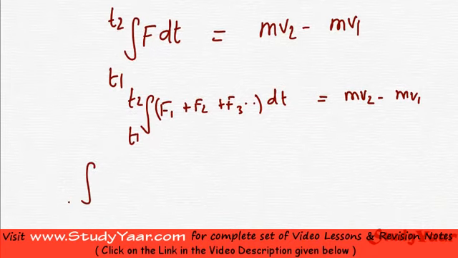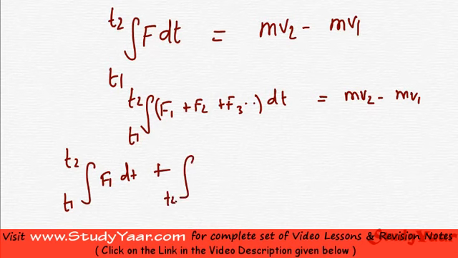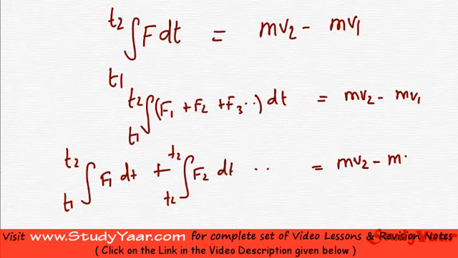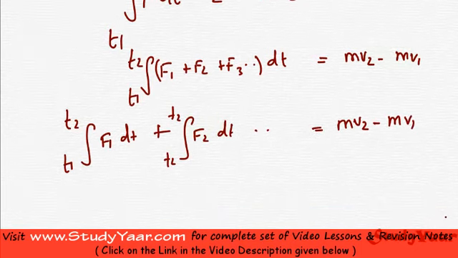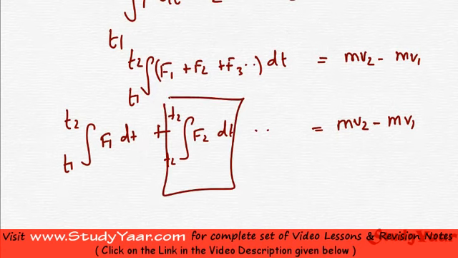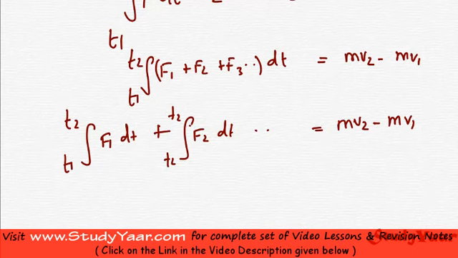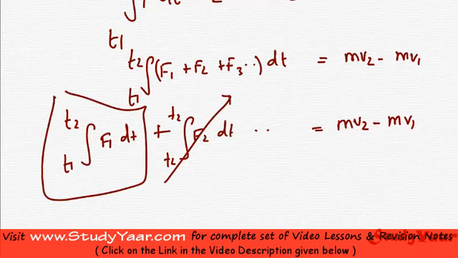So what I would have is the integral from t1 to t2 of f1 dt plus the integral from t1 to t2 of f2 dt and so on, and this is going to be equal to mv2 minus mv1. We are saying that we are talking about the impulse only of impulsive forces. So let us assume this is not an impulsive force, so the impulse of this thing is going to be negligible as compared to this.